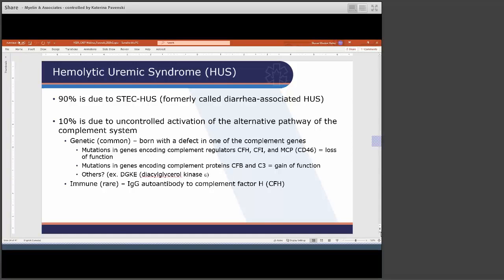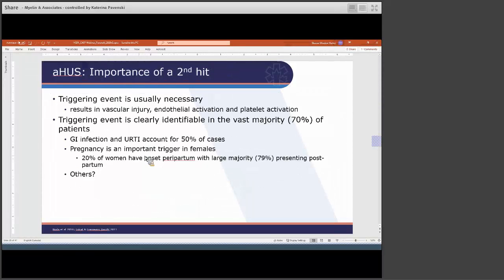About 10% will be due to uncontrolled activation of the alternative pathway of complement system, of which the majority is genetic. And the reason this condition is genetic is these patients have inherited mutations that result in loss of function, so complement regulators are knocked out, or gain of function where the effectors of complement system cannot be turned off appropriately. Let's go to the next slide.